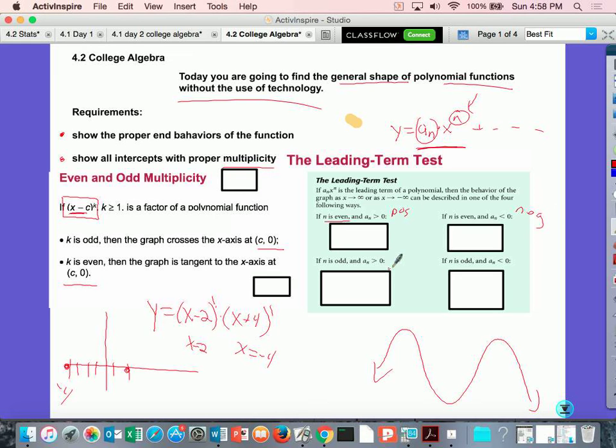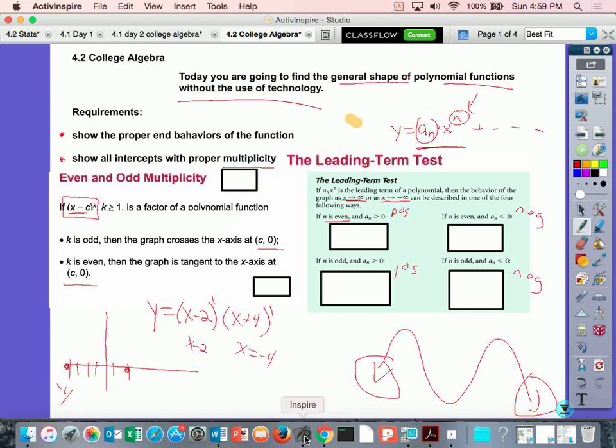The end behaviors are what happens way off to the right and way off to the left. When x is big negative or big positive, what does the graph look like, the arrows? Like the end behavior here is down on the left and down on the right.